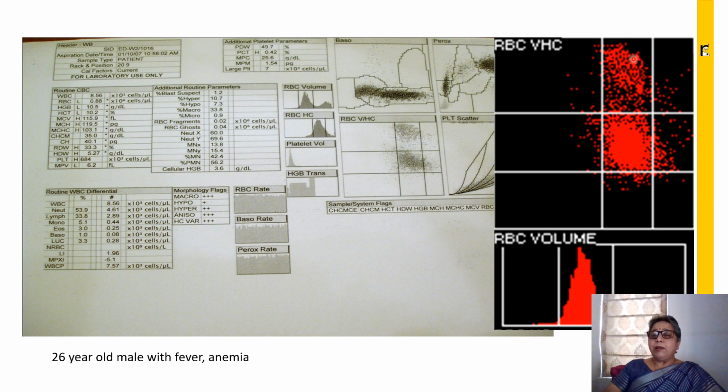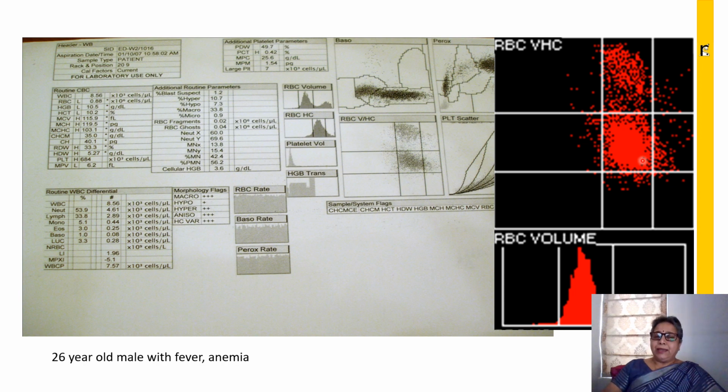It's not a single population like we saw in the other scatters till now. Even over here, you'll have a whole population of red cells which are normocytic normochromic, and you have another population which is macrocytic. So there are two distinct cell populations as evidenced both in the histogram and in the erythrogram.